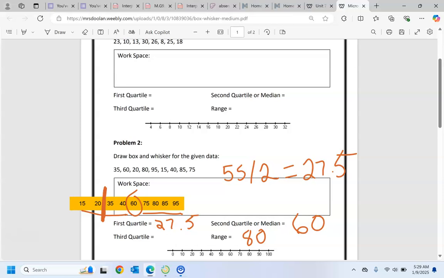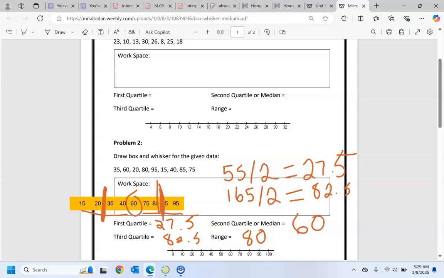And then my third quartile, I'm looking at the right, 75, 80, 85, 95, right here in the middle, okay? So I'm adding 80 and 85, and I get 165, okay? And I take half of that because I'm taking the average of them, right? And when I do that, I get 82.5, okay? All right, so now 82.5 is the third quartile.